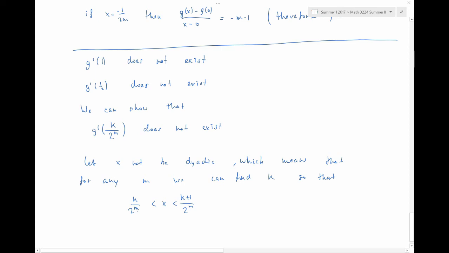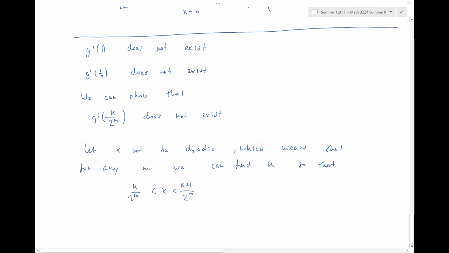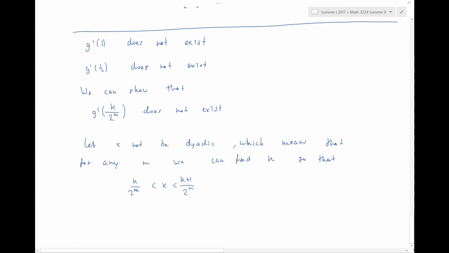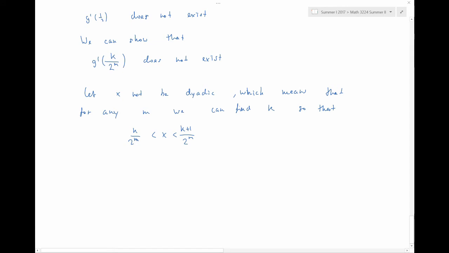So x is always in between two neighboring dyadic points. And with the increase of m, these points will get closer and closer and closer to x. Dyadic points are dense, just like rationals. In any open interval, you can find some kind of a dyadic point there.